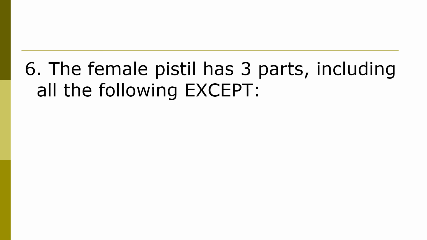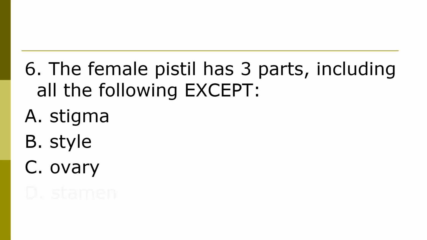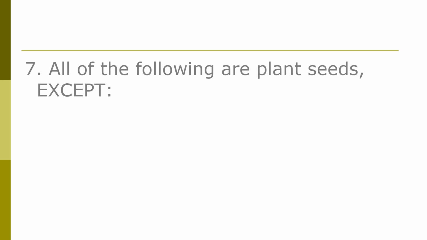For number 6, the female pistil has three parts, including all the following except blank. Letter A, stigma. B, style. C, ovary. D, stamen. For number 7, all of the following are plant seeds except blank.